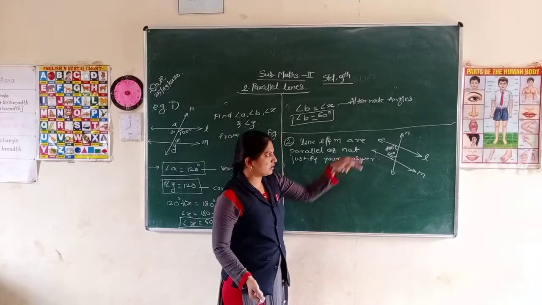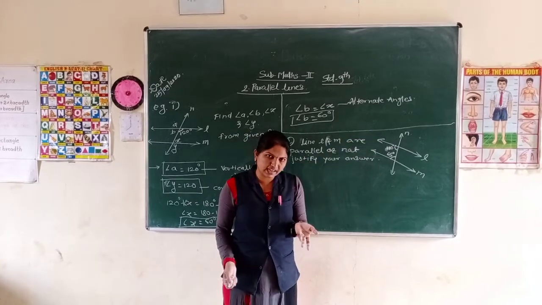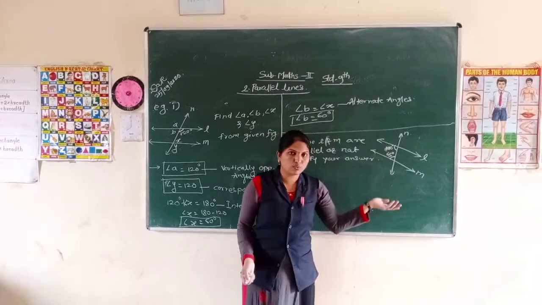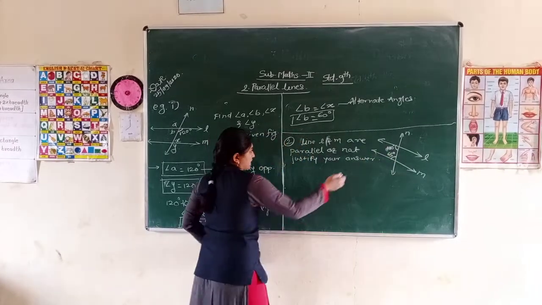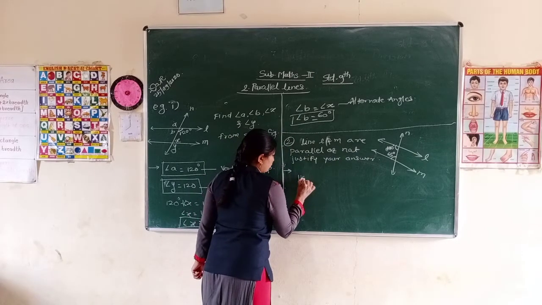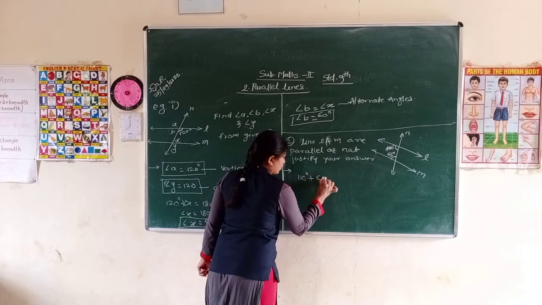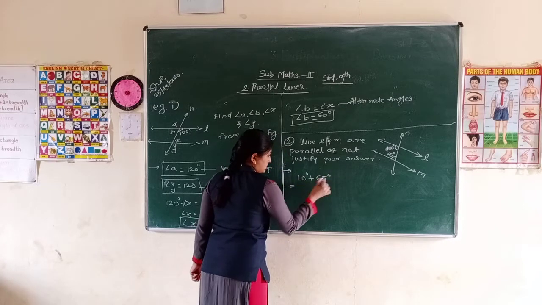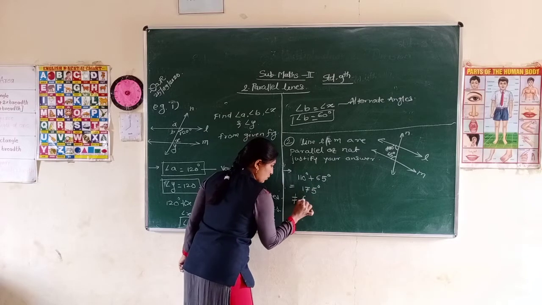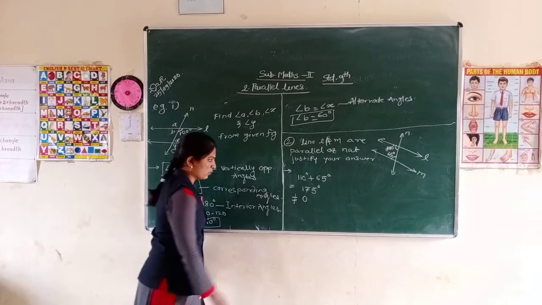parallel, then these two are interior angles, and the addition of interior angles will always be 180 degrees. Okay, that's why firstly take the addition of these two. This addition is 175 degrees, which is not equal to 180.